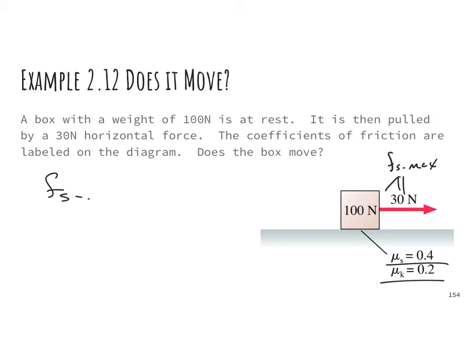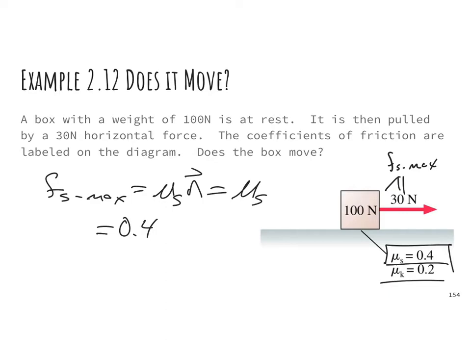F static max is the coefficient of static friction times the normal force. The coefficient of static friction is 0.4, what units? Well, a coefficient just relates to the surfaces in contact, so it's dimensionless, aka unitless.